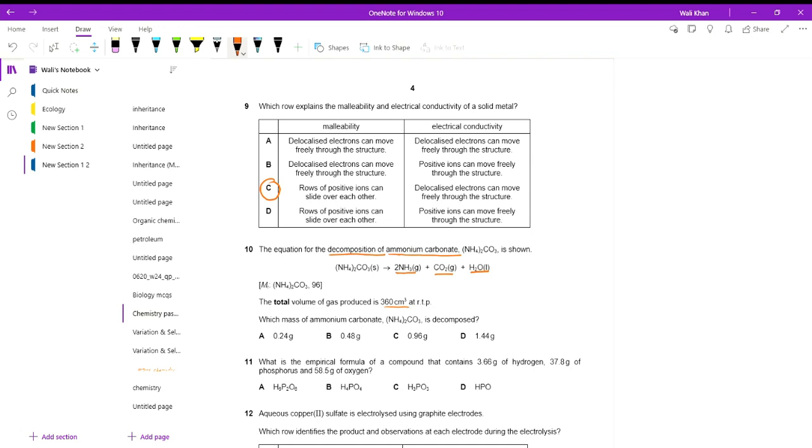So now we have to do some working for this question. First we find the number of moles of gas. Number of moles of gas is equal to the volume of gas divided by the total volume.